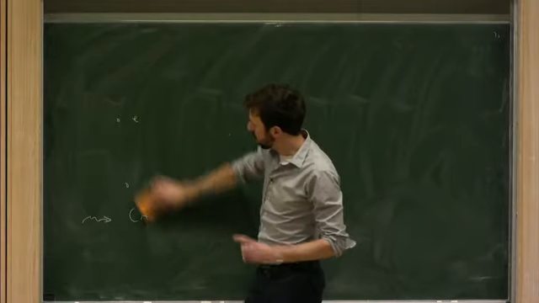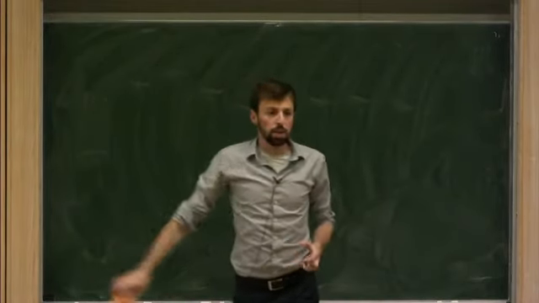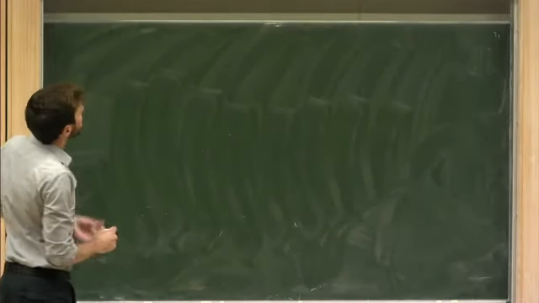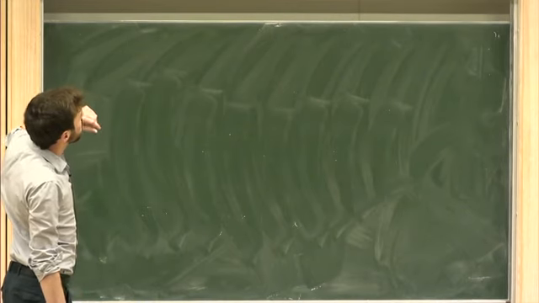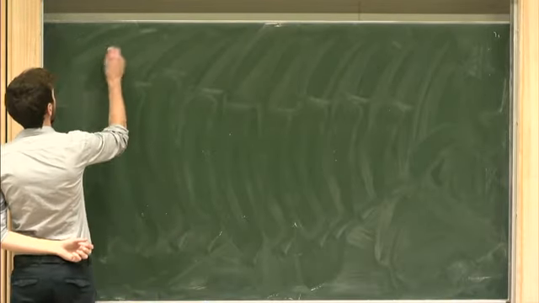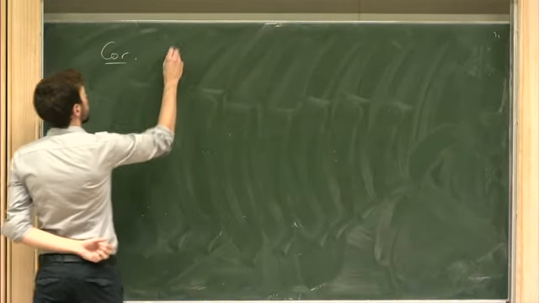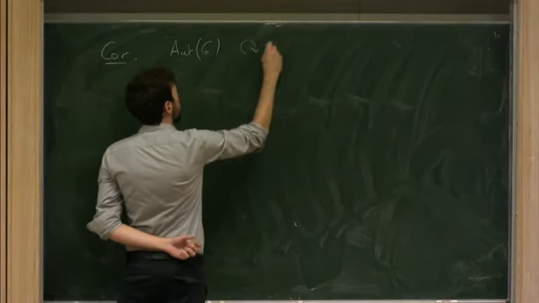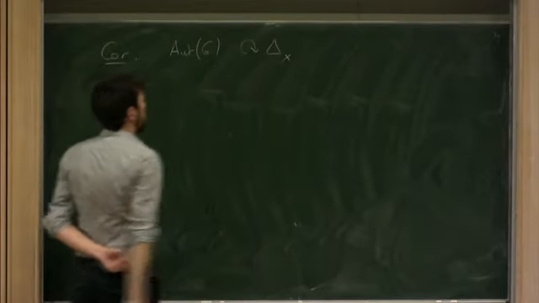So we can completely reconstruct the complex in purely algebraic terms. So what does that mean? A corollary of that is that the automorphism group of G acts on delta x.